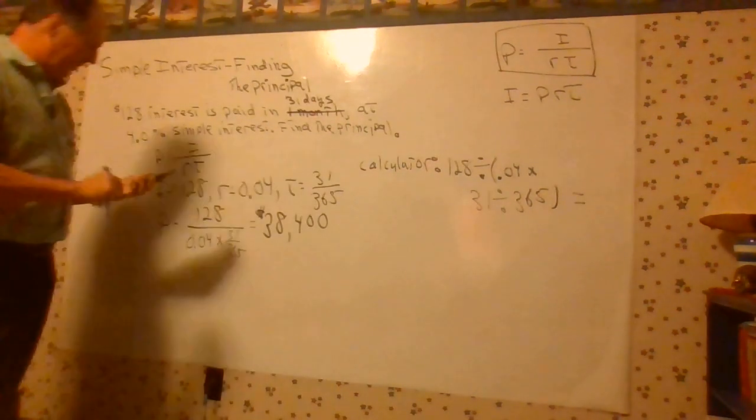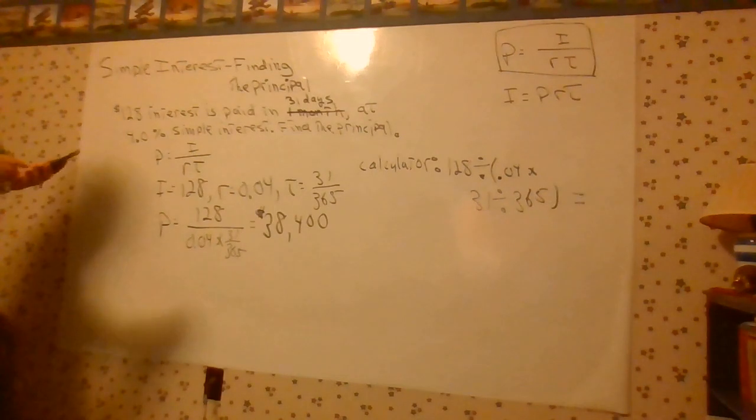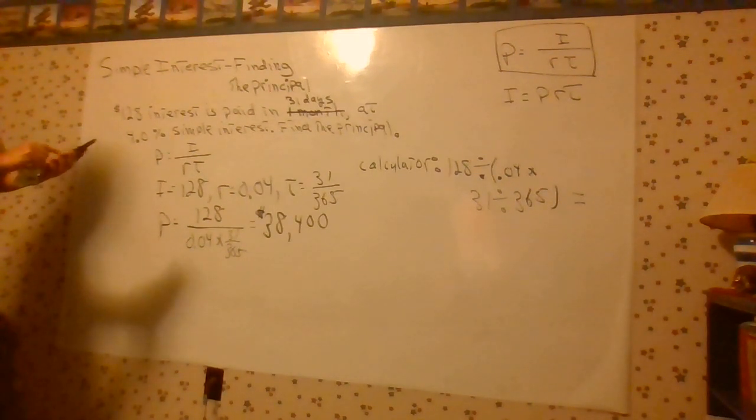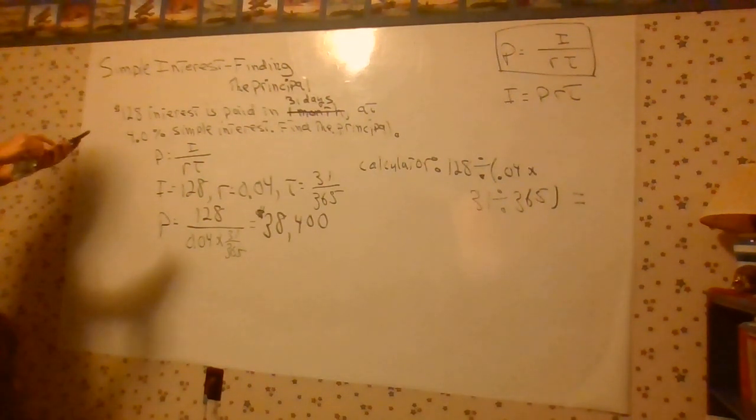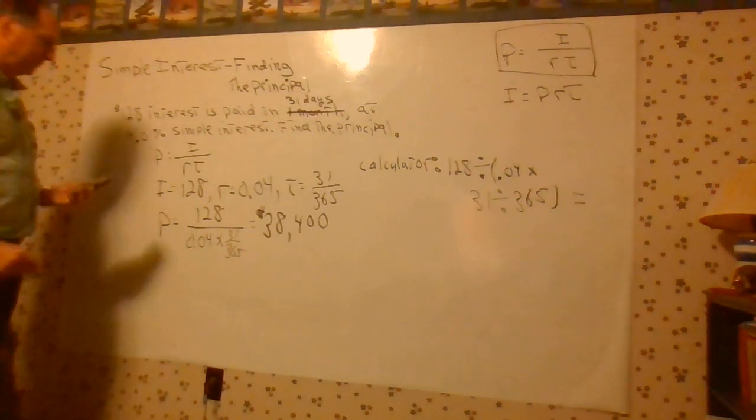Now let's go ahead and calculate this and see what we got. 128 divided by parentheses 0.04 times 31. Oops, 128 divided by parentheses 0.04 times 31 by 365 and parentheses equals.